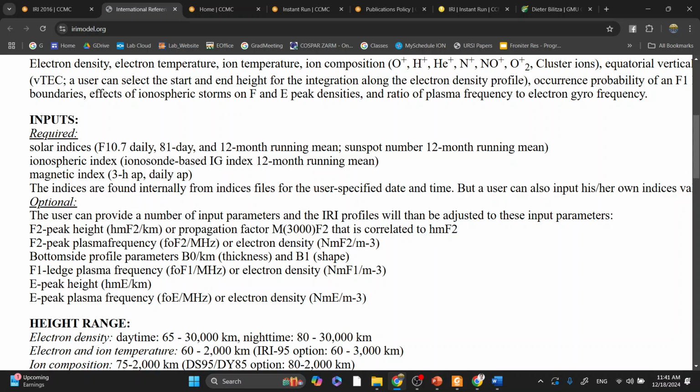For the magnetic index, they use Ap 3 hours. Wait, is it Ap 3 hours? Oh, really? Okay, and then they also use daily Ap as well. Oh, they use Kp. Okay, the indices are found internally. You can check yourself if you want.